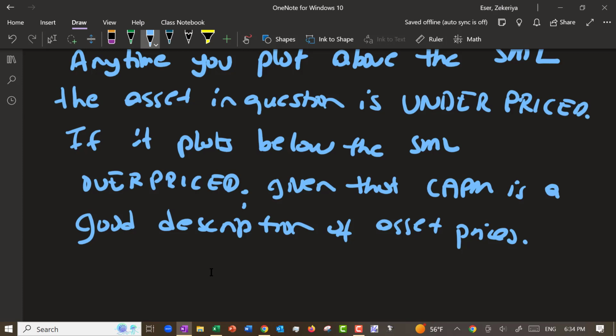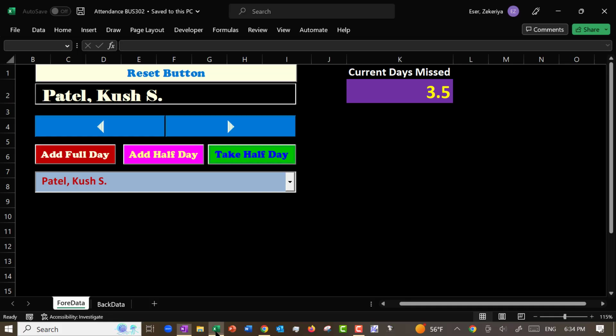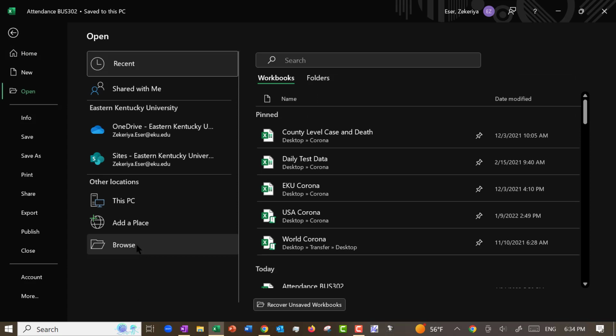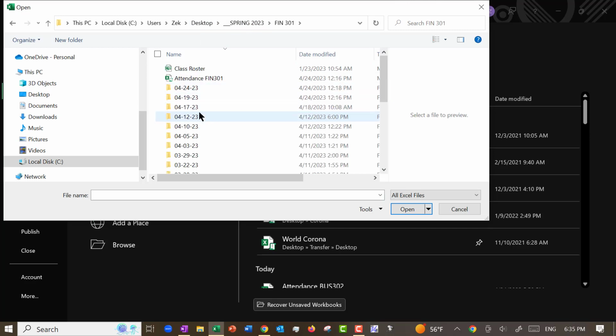For example, historically, you look at, I'm not going to go over how I got it, but let me try to find it from my Finance 301 class, just to show you that it's not necessarily a correct description. I think we did it out here.